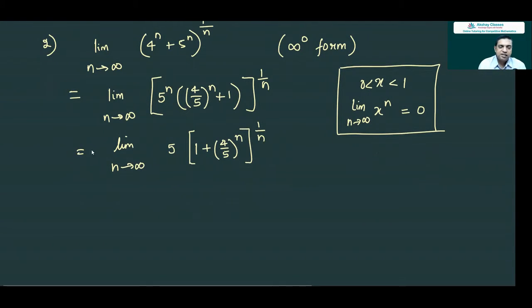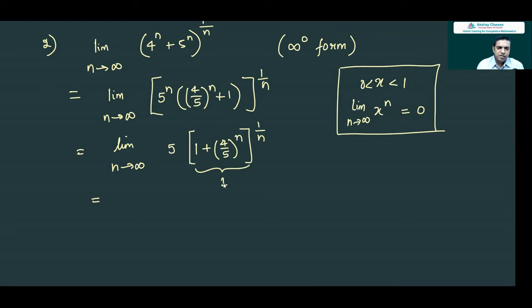Now, this is a number which is tending to 1, and the power is tending to 0. Anything tending to 0 as a power will be equal to 1.